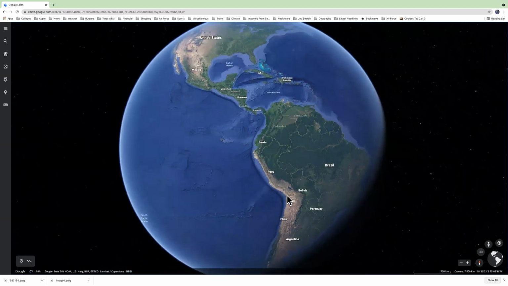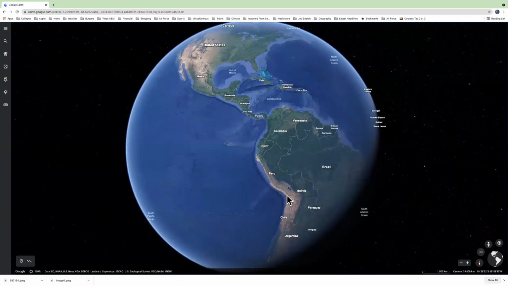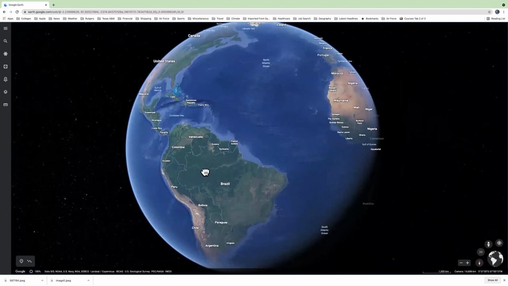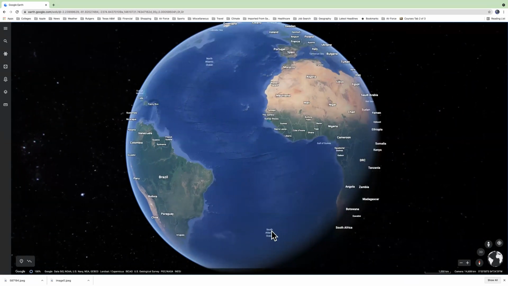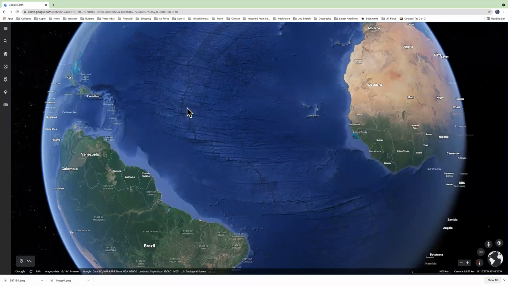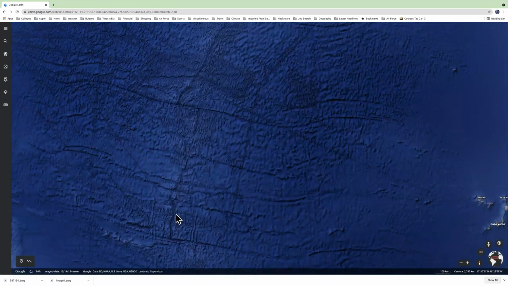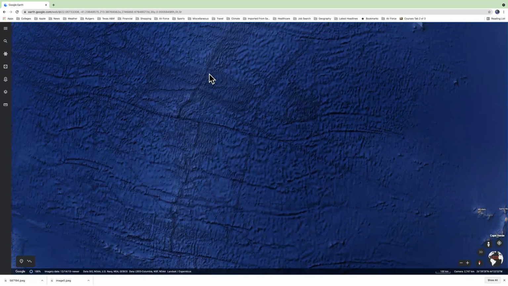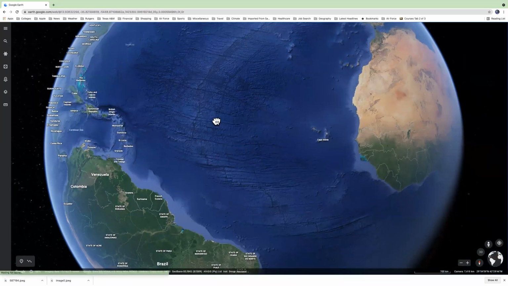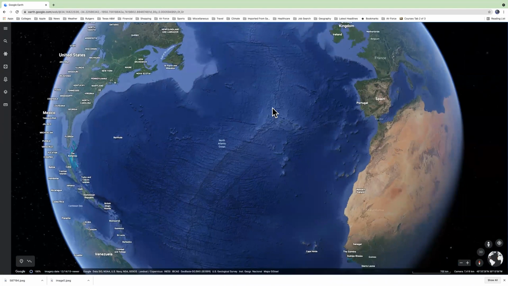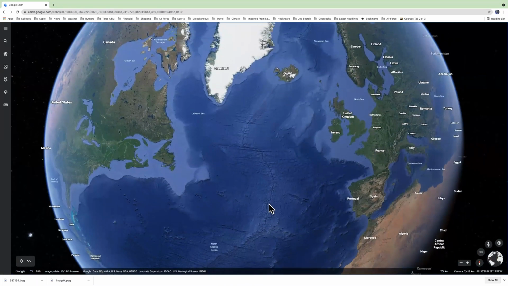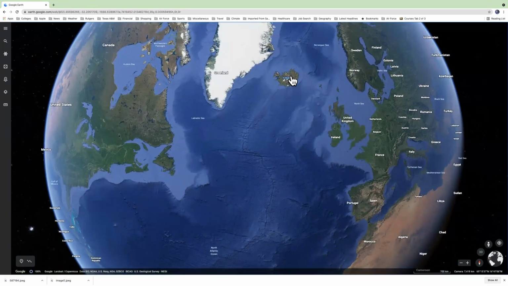If you look away on a much larger scale, you can see, for example, in the middle of the Atlantic Ocean, there's this giant crack along the entire length of the Atlantic Ocean. In fact, if you zoom in, you can see it and you can follow it. And when you follow it, sometimes it will poke its way through the surface and create land, like Iceland.